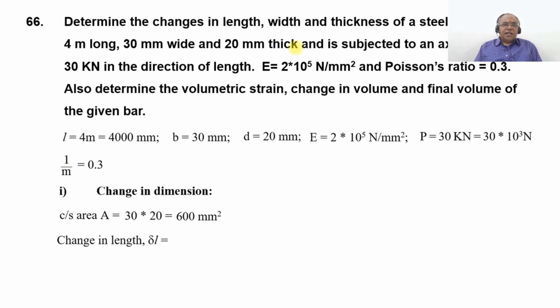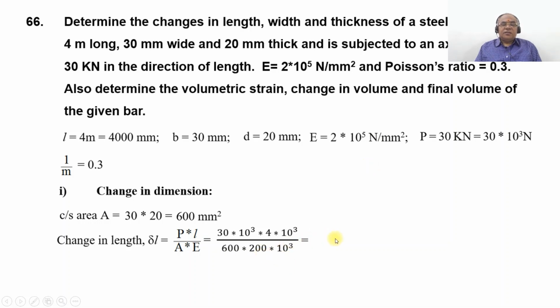Then what is the change in length, which is delta L, which will be equal to P into L by A into E. So what is P? 30 kilonewton. So 30 into 10 to the power of 3 into length, 4 into 10 to the power of 3, divided by area or cross-sectional area, 30 into 20, which is 600, into Young's modulus, 2 into 10 to the power of 5 or 200 into 10 to the power of 3.